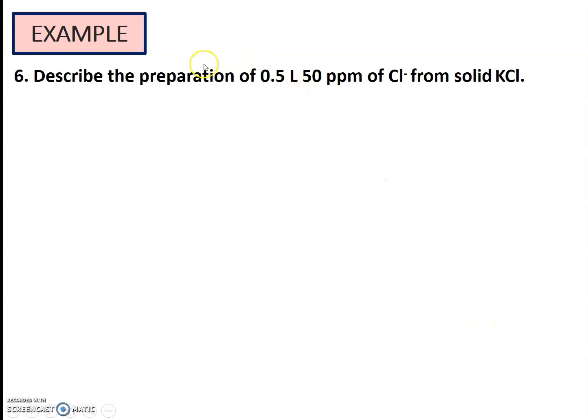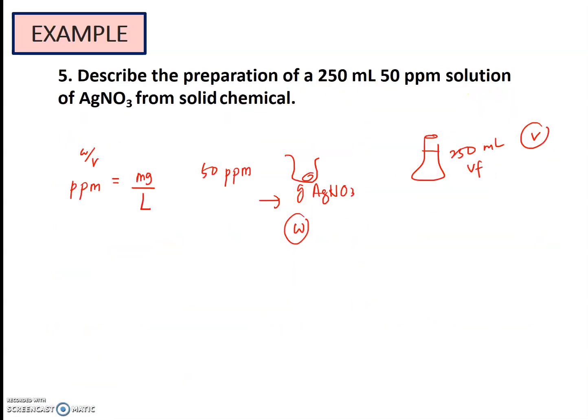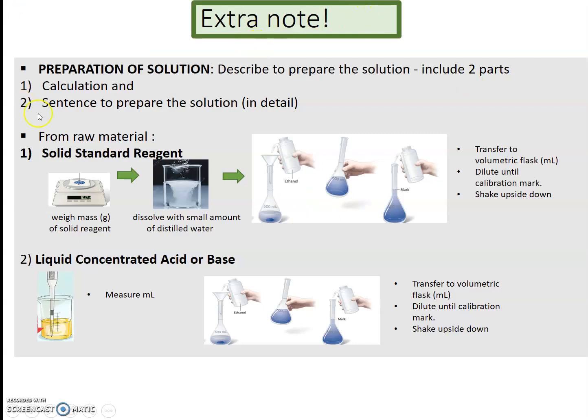Next question, describe the preparation of 0.5 liter 50 ppm of chlorine from solid potassium chloride. So this is the same, under preparation of solution, right?